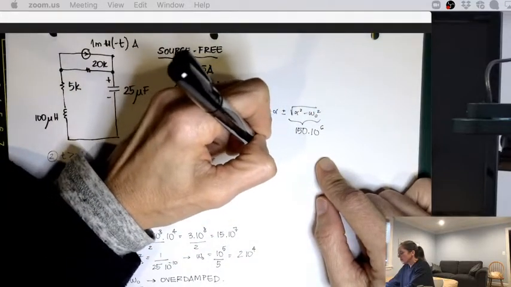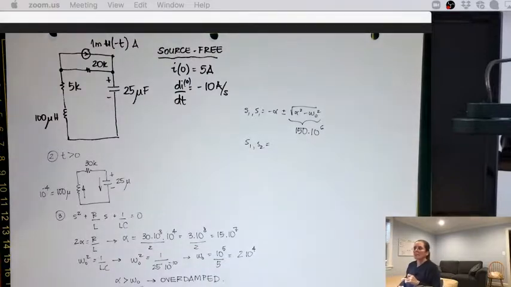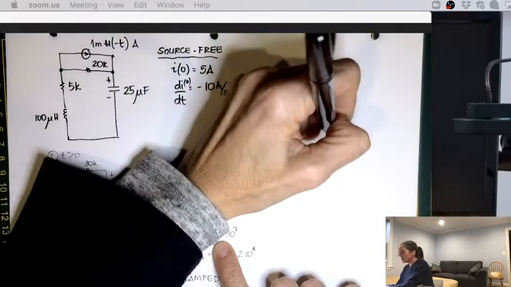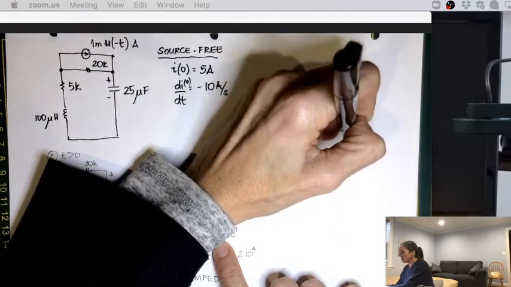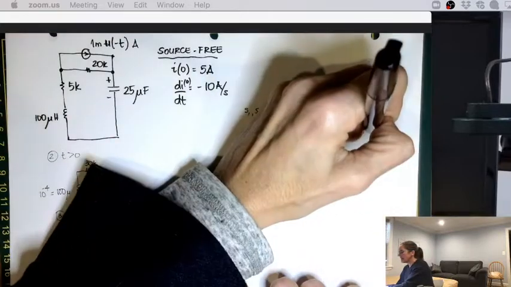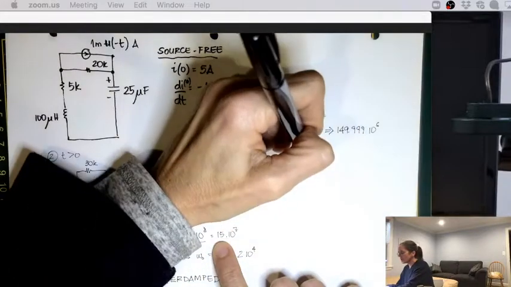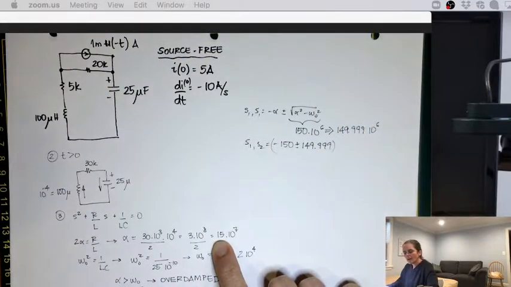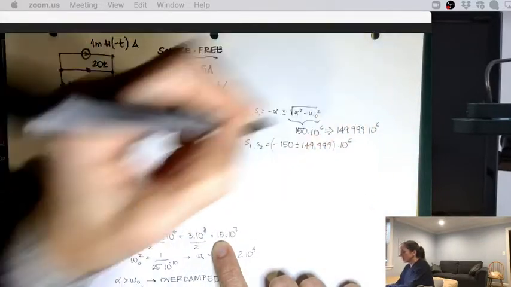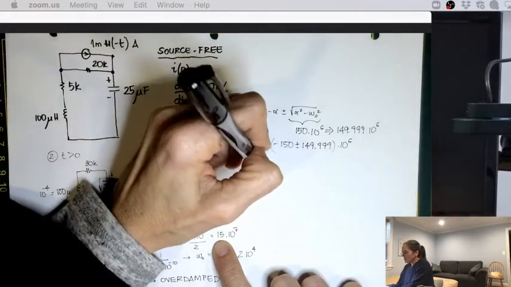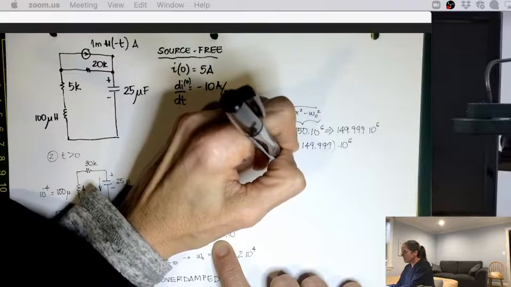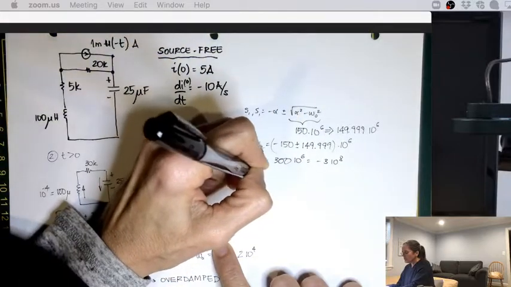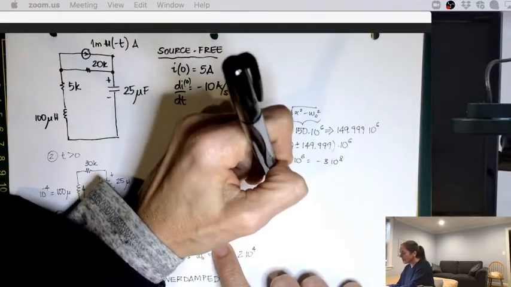So let's see, S1, S2 is going to be minus alpha, which is minus 150, plus minus, oh, this one I have to really use 149.999 times 10 to the 6. 150 plus minus 149.999, all this times 10 to the 6, because one of them is going to be almost 0 and the other one is going to be minus 300 times 10 to the 6, which is minus 3 times 10 to the 8, and S2 will be barely there, right?